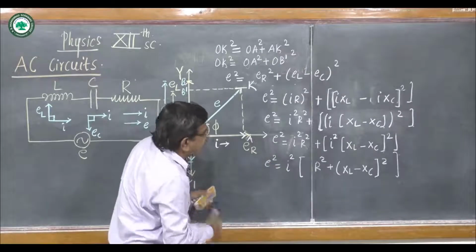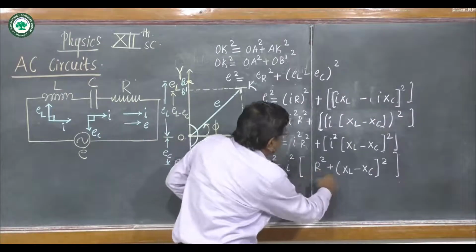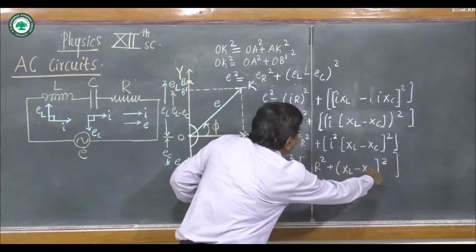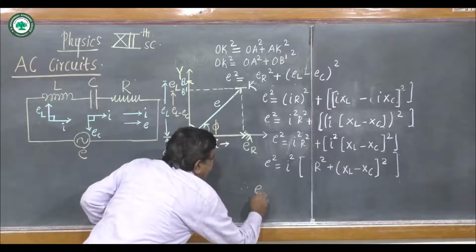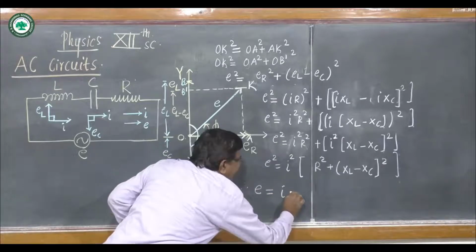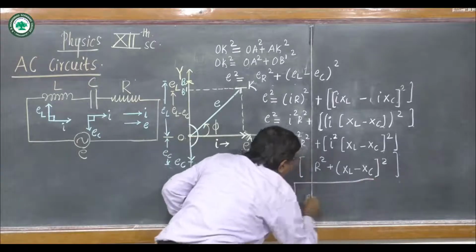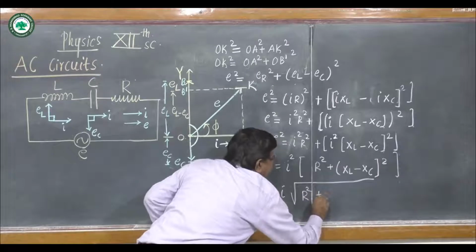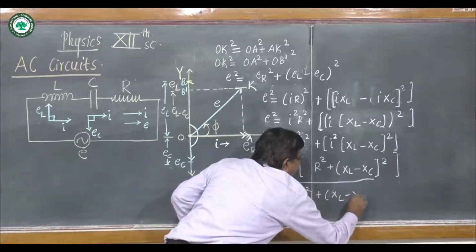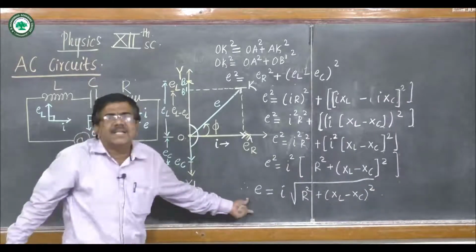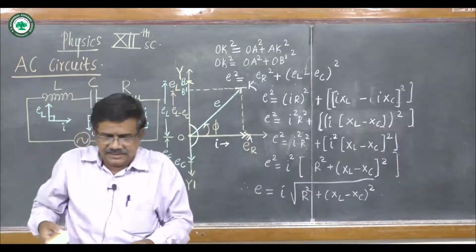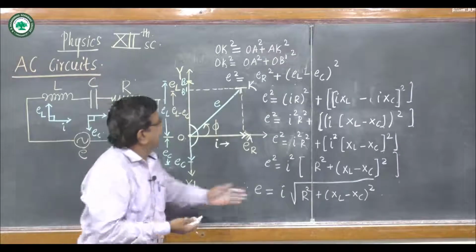Taking I square as common, R square plus XL minus XC its square, and therefore this is I square root of R square plus XL minus XC its square. We get the resultant of EL, ER and EC.